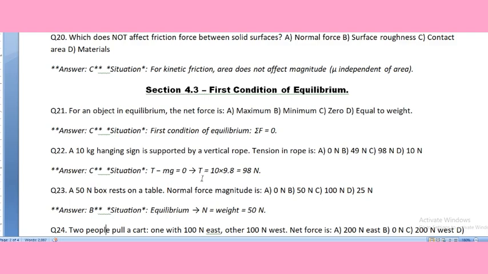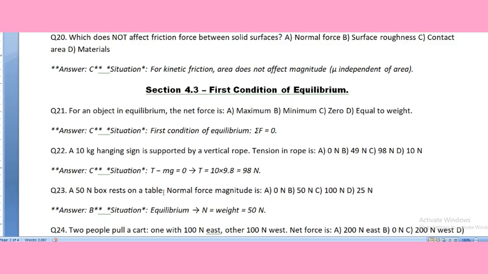Adding mg to both sides, tension is equal to mg, the mass of the object times gravitational field strength, 9.8 meters per second squared. The product is equal to 98 Newton. So the correct answer is C.